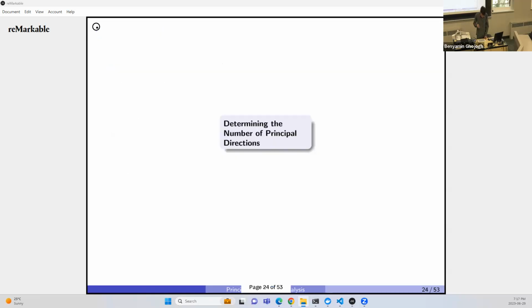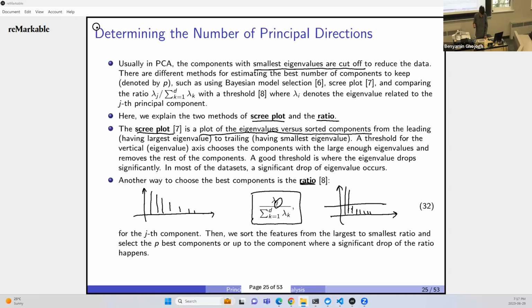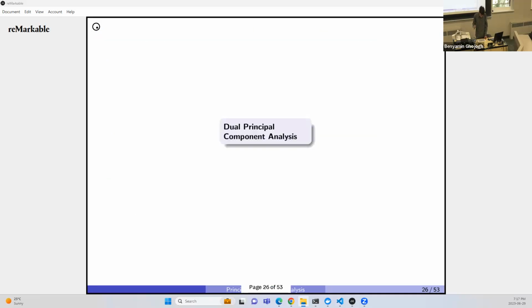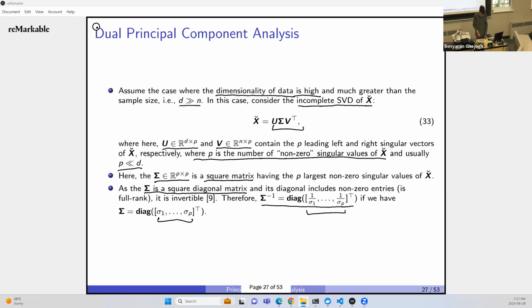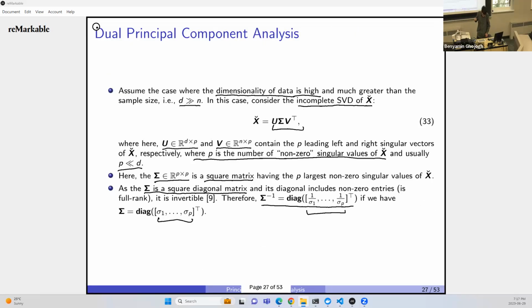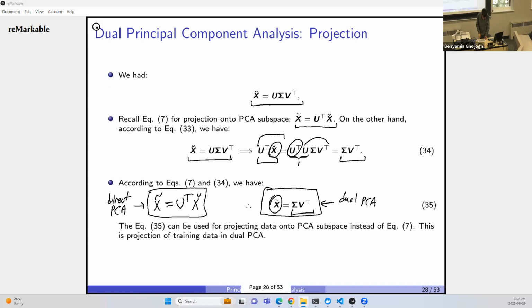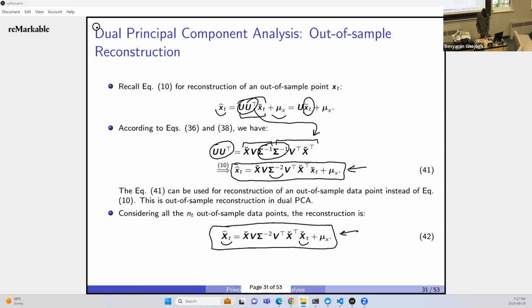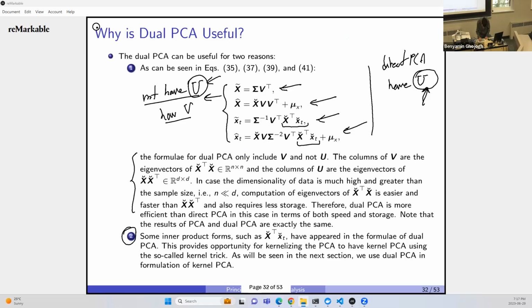We saw that we always use U in projection and reconstruction in direct PCA. But in dual PCA, we also have the same singular value decomposition on X hat, however we are only using V rather than U. Now, can you tell me one thing? Do you remember U? What was U? Here, X hat is U sigma V transpose.